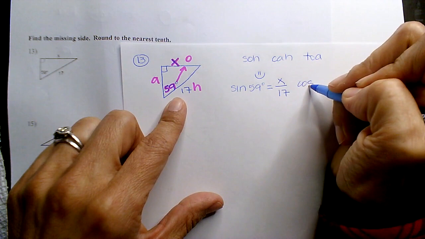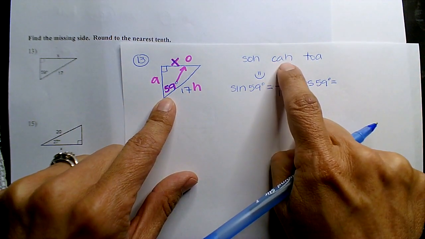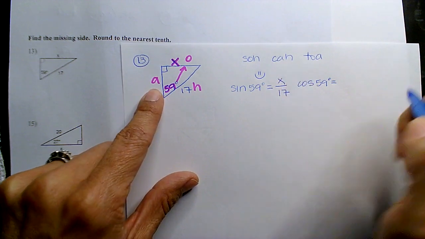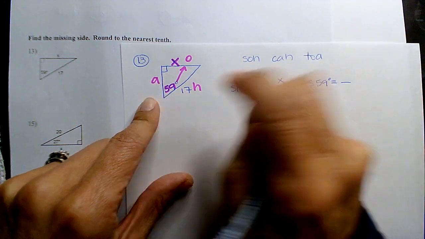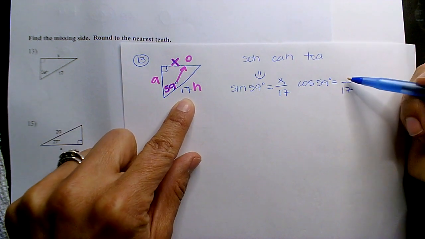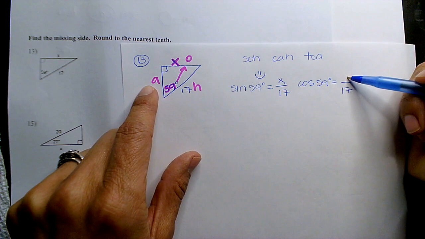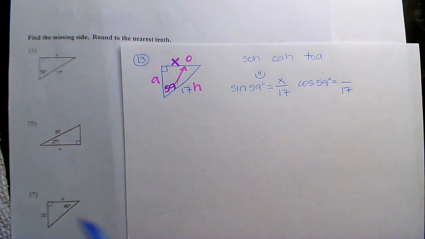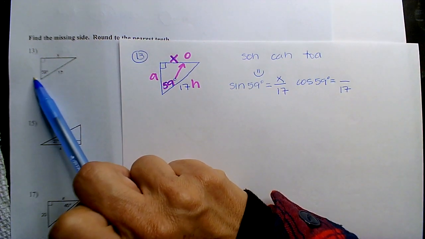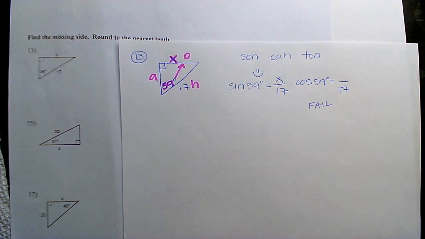If I went with cosine of 59 degrees, cosine is A over H. A, I have nothing here, and H is 17. And so this is why I get a fail. How are you supposed to put a blank in the calculator? Notice there's nothing labeled here. That's why this one ends up being a fail.